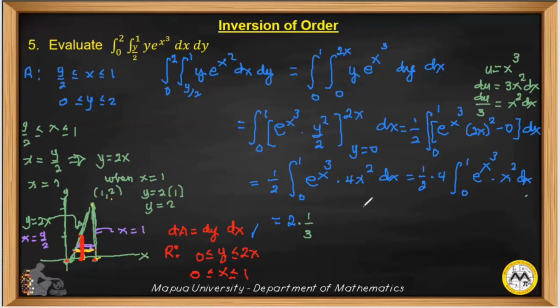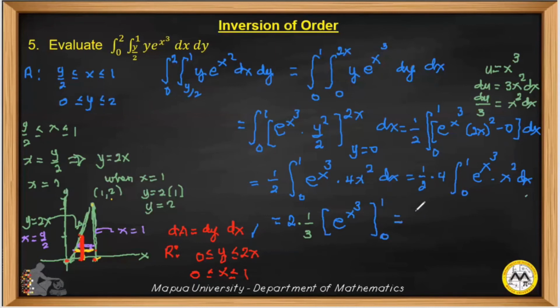So 2 times 1/3, and the integral of e raised to u du is e raised to u. So e raised to x cubed, and this must be evaluated from the lower limit 0 to the upper limit 1.